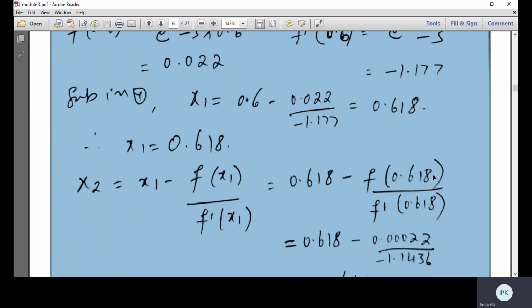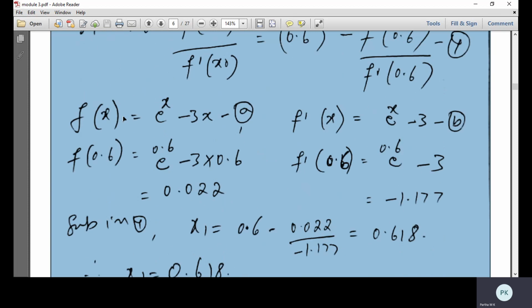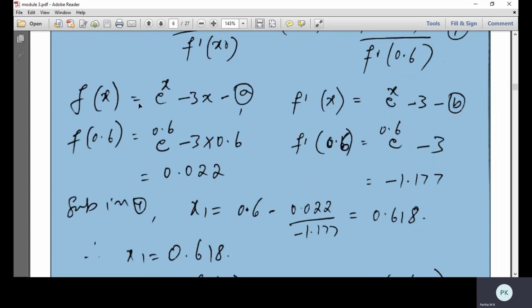Calculate f of 0.618. How do you calculate f of 0.618? Go to f(x) and put x is equal to 0.618. That is all to say. This is my f(x). If I want f of 100, put x is equal to 100. If I want f of 50, put x is equal to 50.